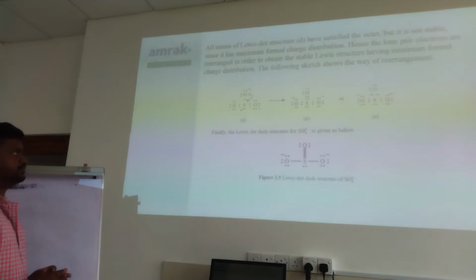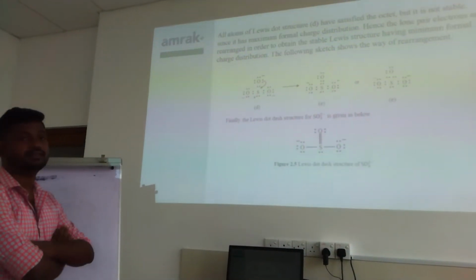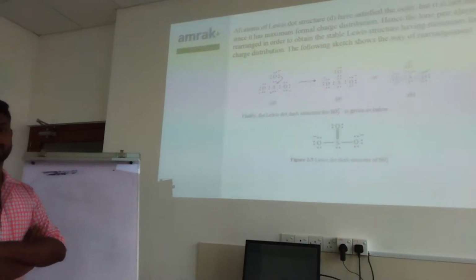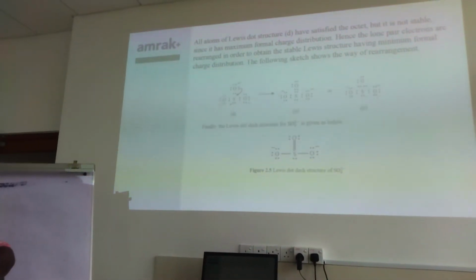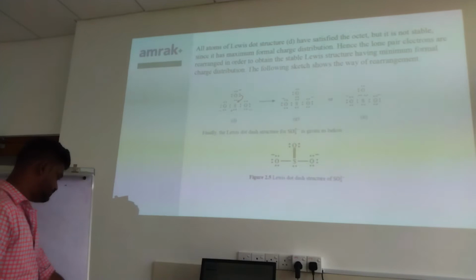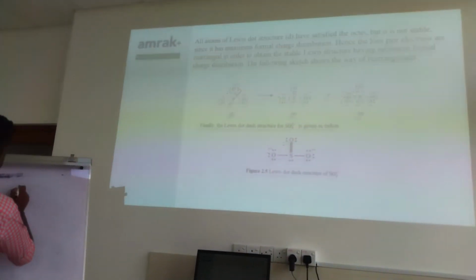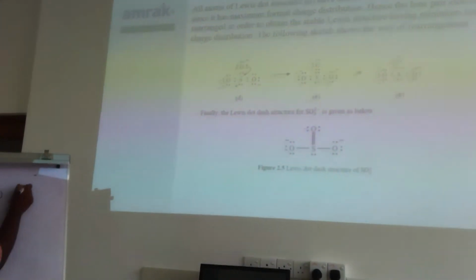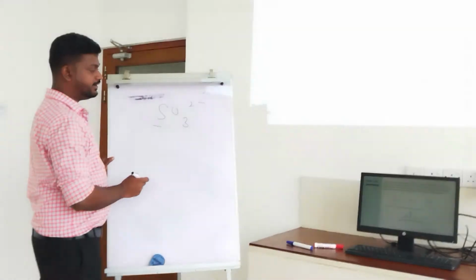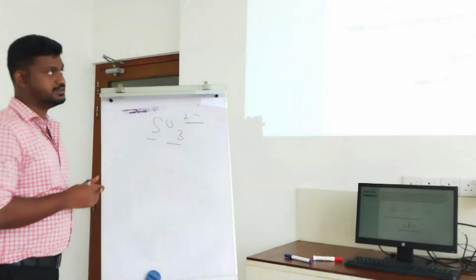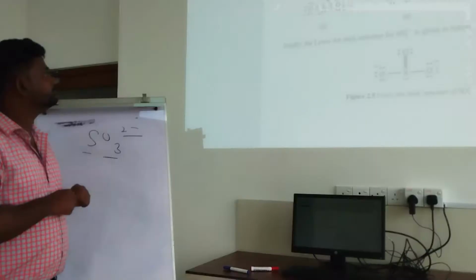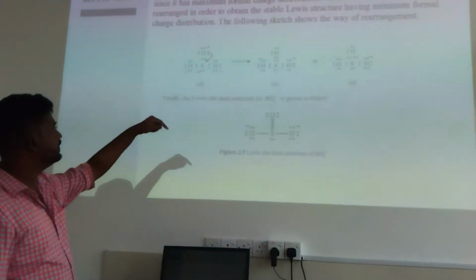So, if you see SO3 2 minus, 1 sulfur atom and 3 oxygen atoms, 2 negative charges, right? So see the way they arrange the formal charges.